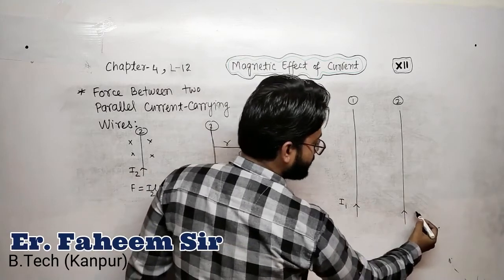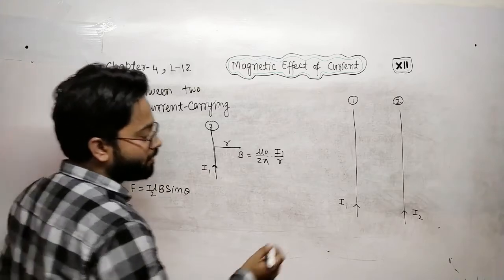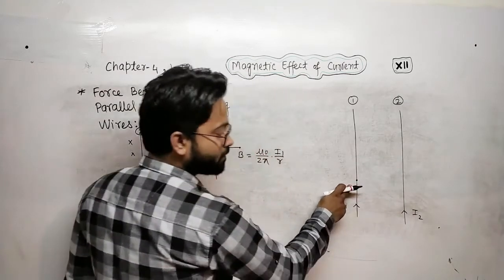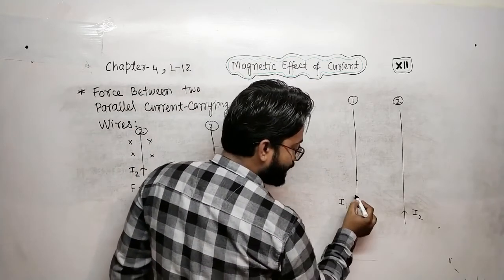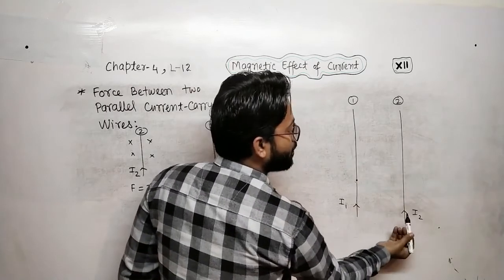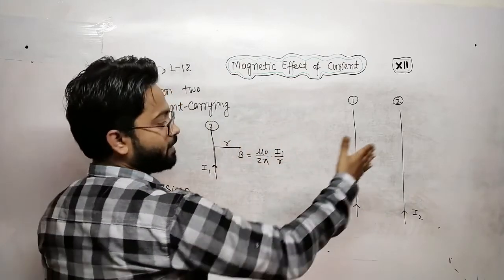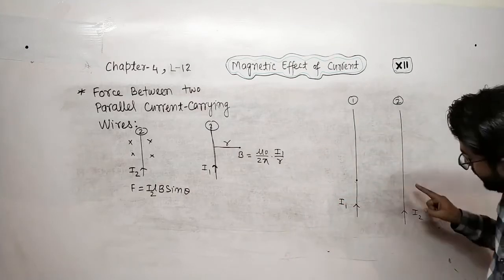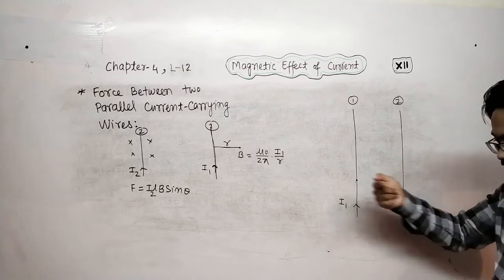This carries current I1, this carries current I2, and we need to calculate the force on this wire due to this one, because it is placed in a magnetic field produced by wire 2. Wire 2 will produce a magnetic field at that point in this direction, by the right hand palm rule.